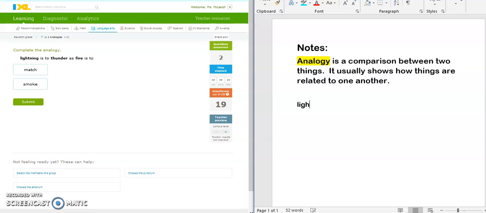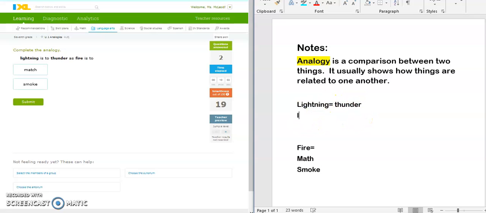So we have lightning is to thunder, okay? And then we'll have fire equals, and we have match or smoke as our options. So let's look at this one. Lightning is to thunder.